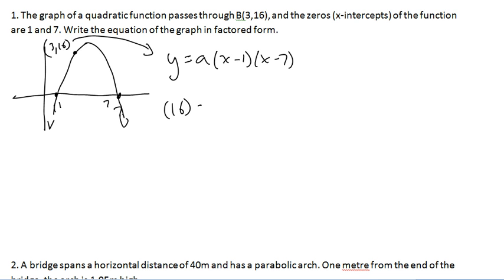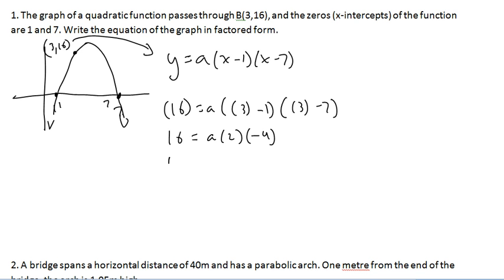So we'll have 16 equals a times 3 minus 1 times 3 minus 7. So I get 16 equals a times 2 times negative 4. So 16 is going to equal negative 8a. So a is going to equal negative 2.